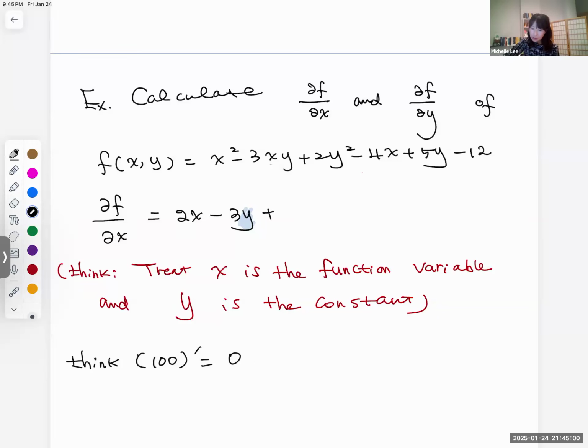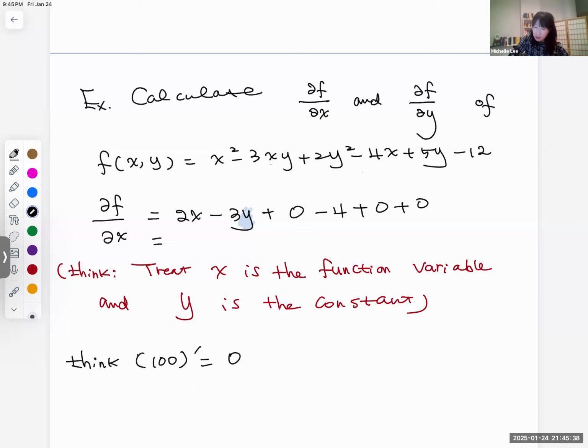So we have 0. Okay. Now, negative 4x. Derivative, negative 4. And then we have a positive 5y. Y is constant. Same, 0. This is a real constant. 0. Good.